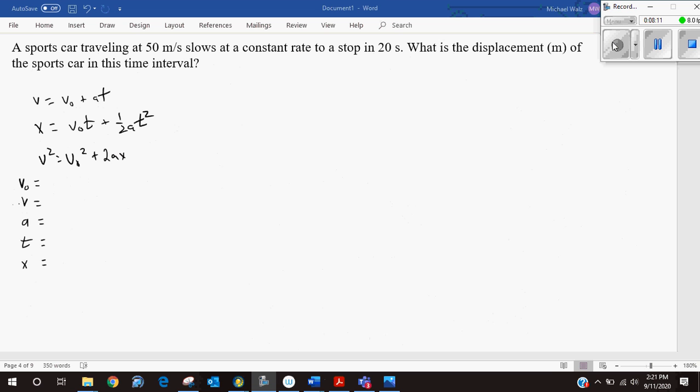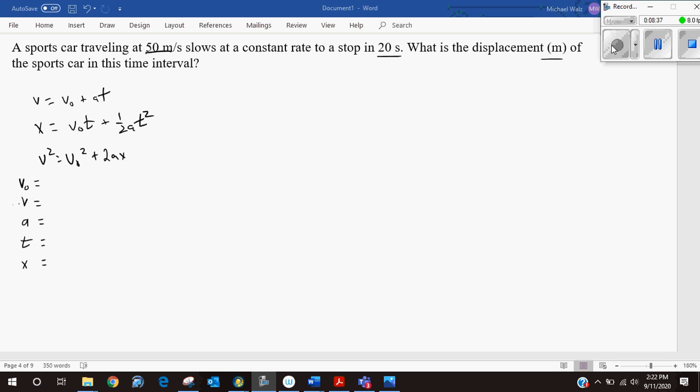Okay, we got another fun question here. Sports car traveling at 50 meters per second slows at a constant rate to stop in 20 seconds. What is the displacement of the sports car in this time interval? Okay, so I'm going to ask Tucker to fill in the variable list.